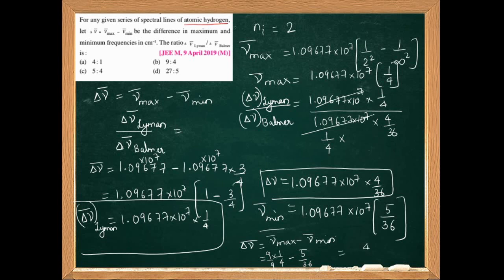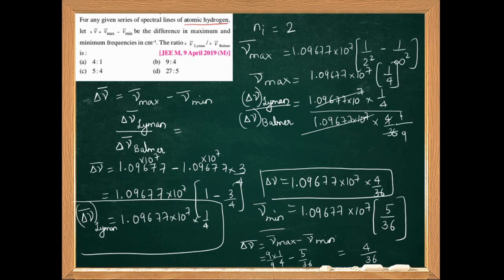So this will give me 4 upon 36. Yeah, so this is fine. 4 ones are 4 and 4 nines are 36.